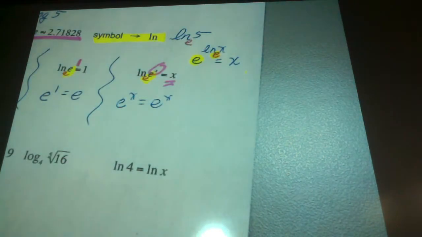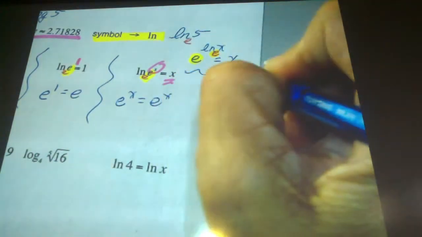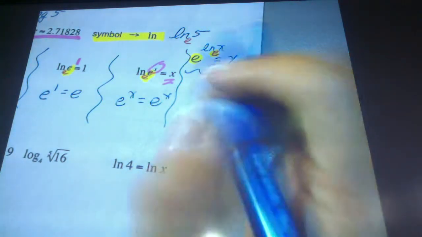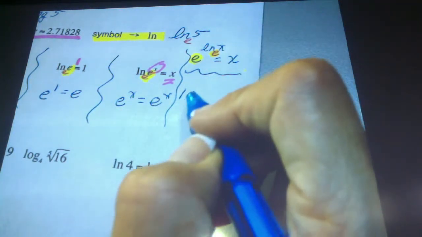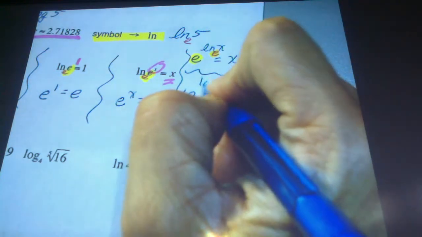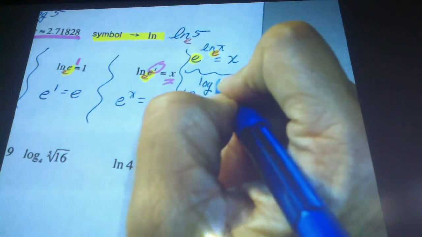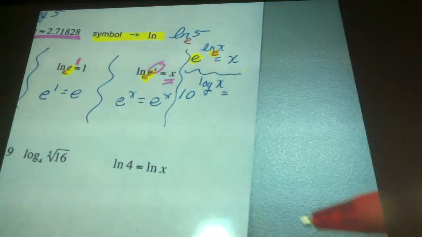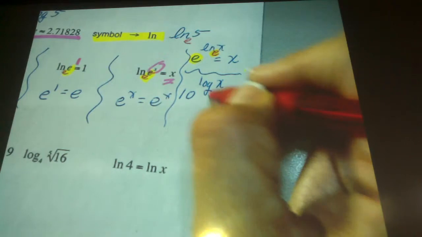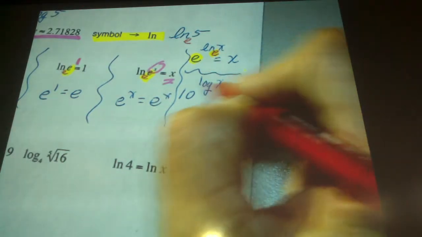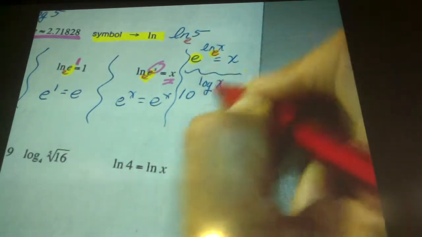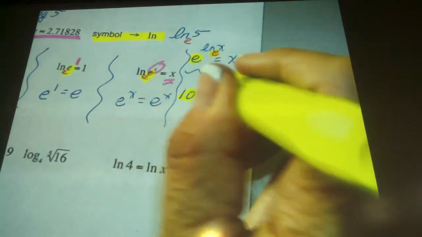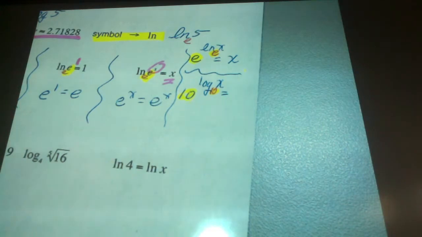So let's look at it in common log form. What if I have, what's the base of the common log? 10. So if I had a base of 10 to my power, and I had the log of x, what's understood to be the base of this log? The base of the log. X. No, the base of the log. What's the base of this log right here? 10. We can't see that. So again, the base of the power and the base of the log are the same, so yes, your answer is x.